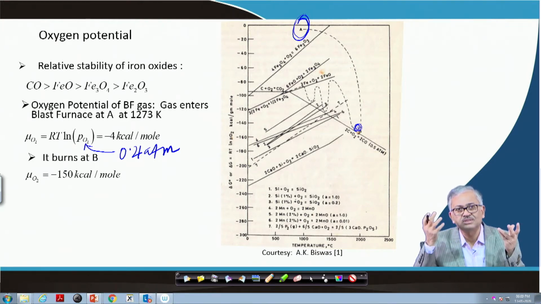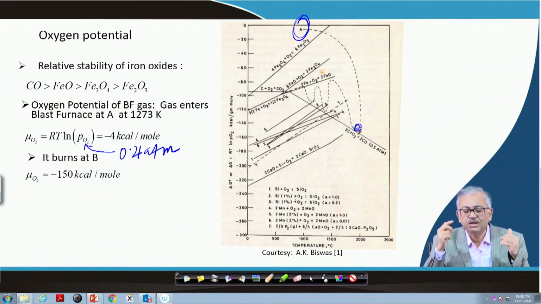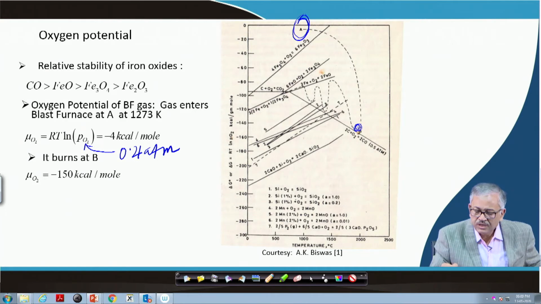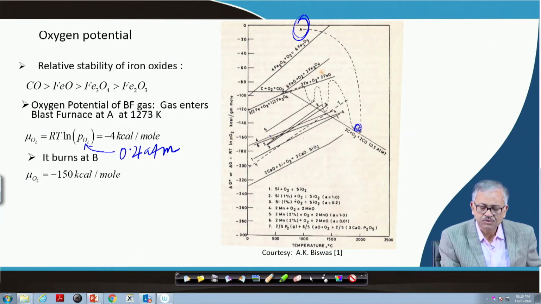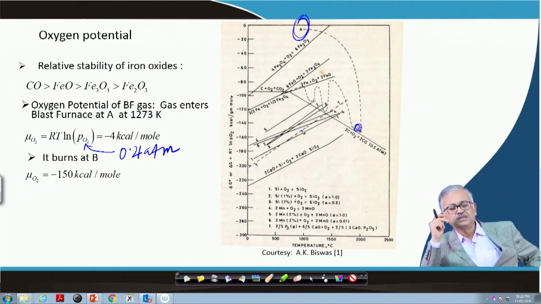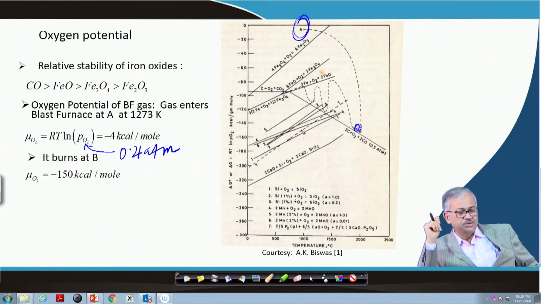Suddenly its reduction potential will increase and the oxidation potential will decrease, and it will almost follow the C plus O2 forming 2 CO line. So, you can find this value is coming around minus 150 kilocalorie per mole, and that we can get from the Ellingham diagram.